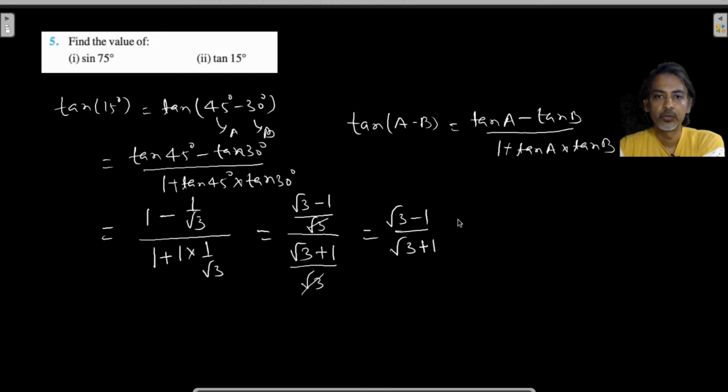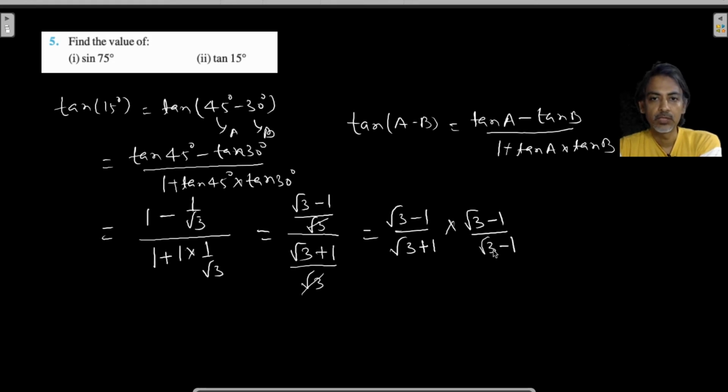In such cases, we multiply it by root 3 minus 1. Whatever be the sign of this, we multiply it by a quantity which is opposite in the sign. So if it had been root 3 minus 1 in denominator, I would have multiplied with root 3 plus 1 in the numerator and denominator both.